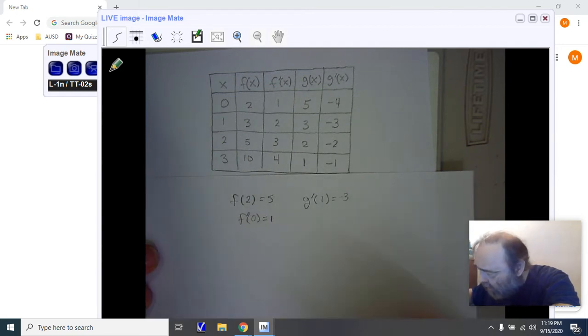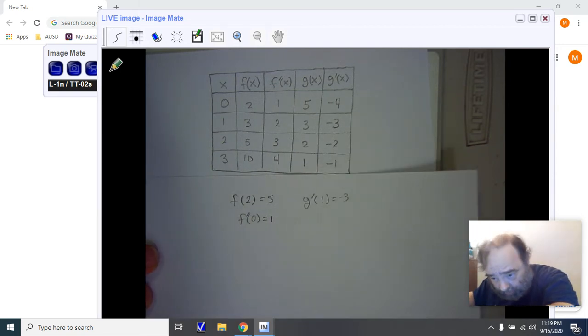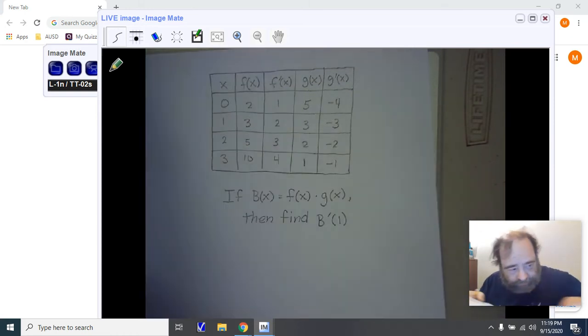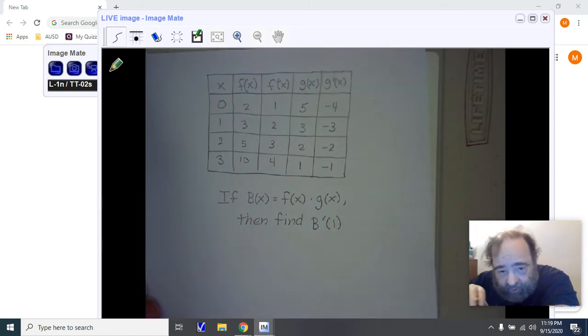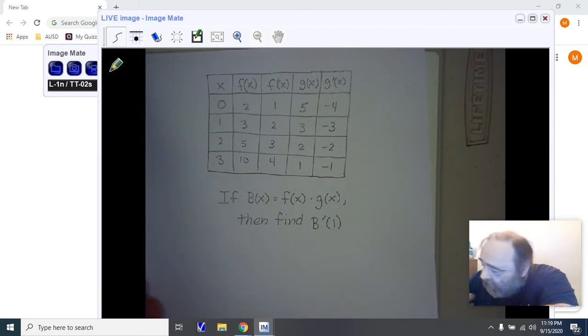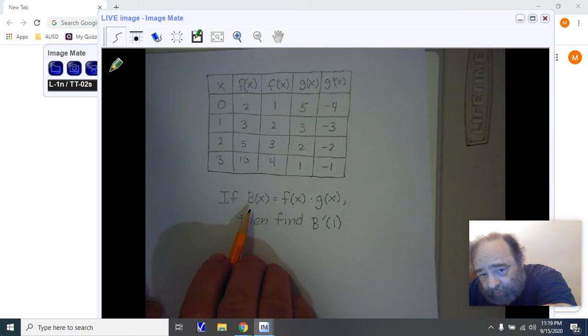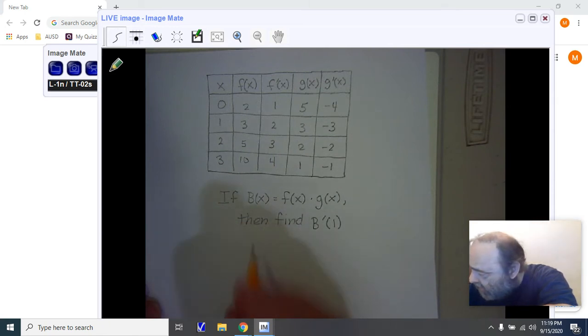All right, let's take a look at a question involving the product rule. Now notice the question is asking us to find b prime of 1, but they've told us that b of x is equal to f times g.